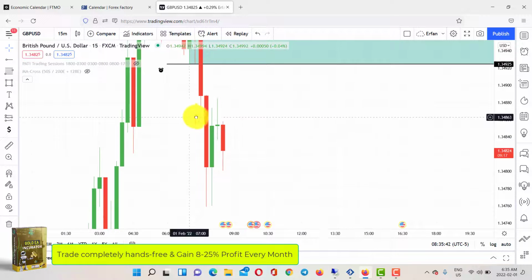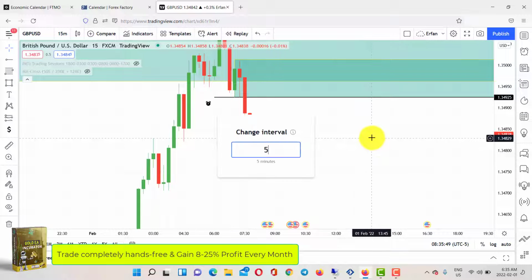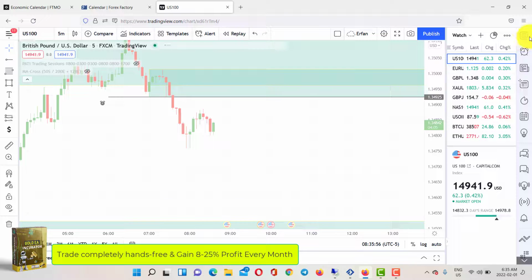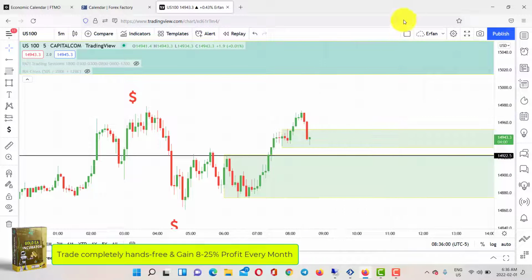Yeah, it's probably trying to, no, I'm not gonna count it as a gap. Okay, so let's see what happens. NAS100 looks good too, so I'm gonna wait for that.